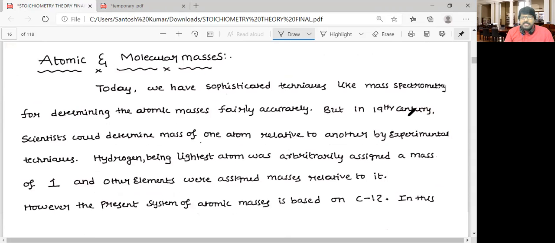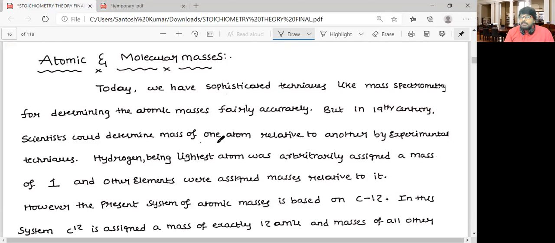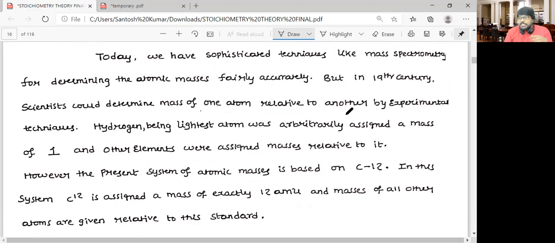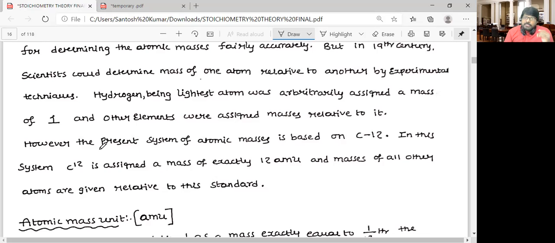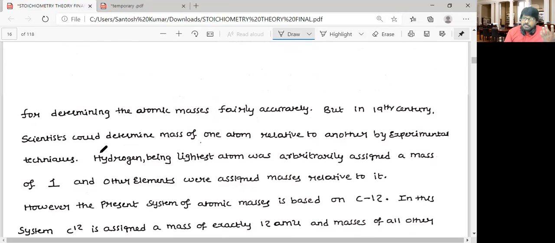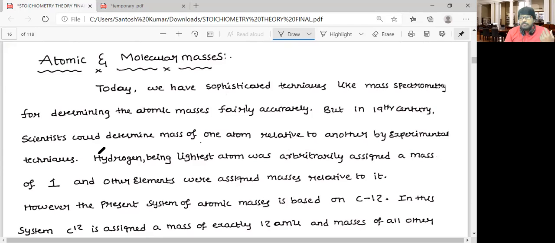In the 19th century, scientists could determine the mass of one atom relative to another by experimental techniques. They took different reference elements, sometimes hydrogen, sometimes oxygen, but I'm not discussing all those at present.